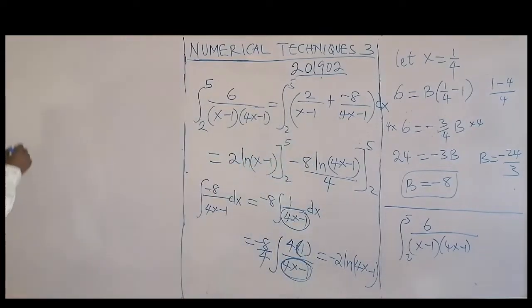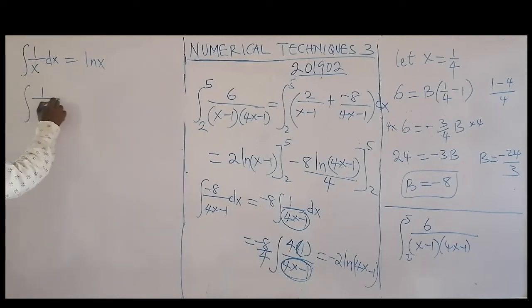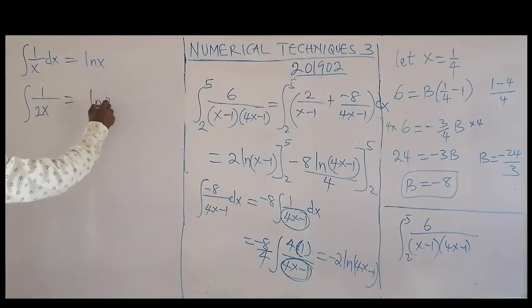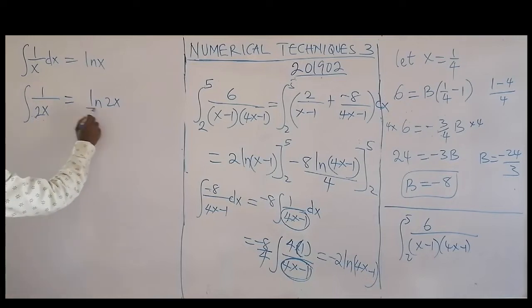What I'm saying is this. We know that the integral of 1 over x dx is ln x. But what if you now have an attachment to this variable, let's say 2x? It's the same thing. That will be ln 2x, but you must divide by that attachment to the variable, over 2.